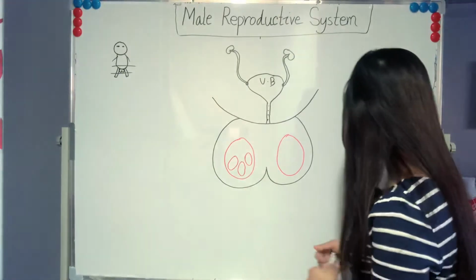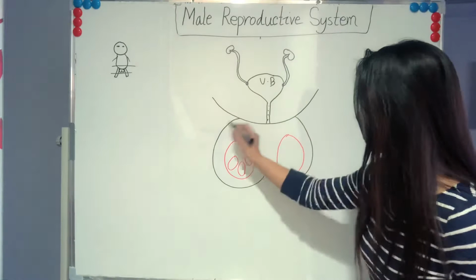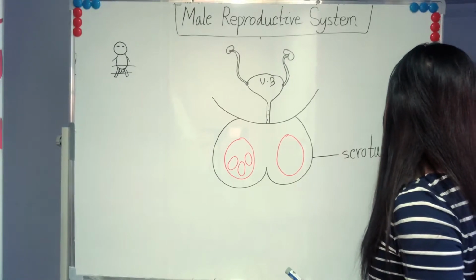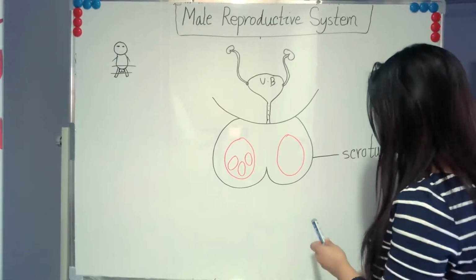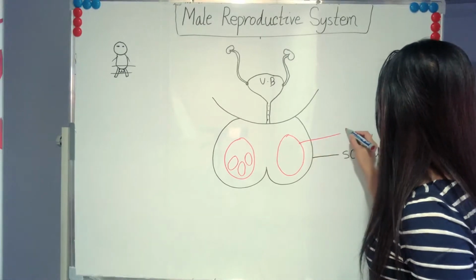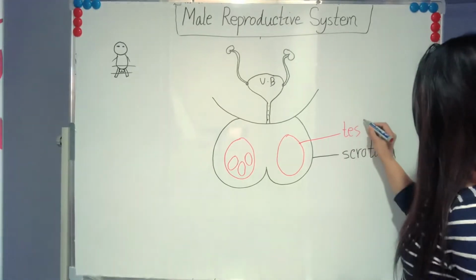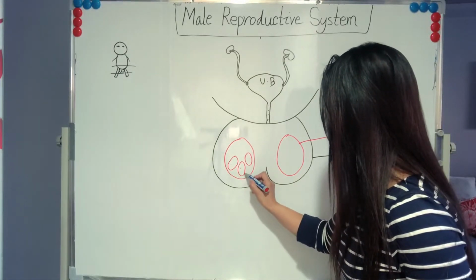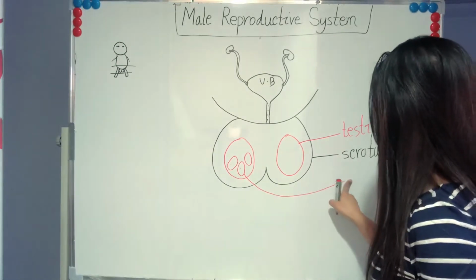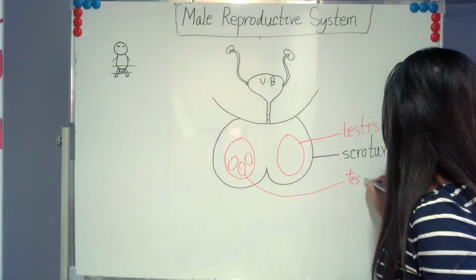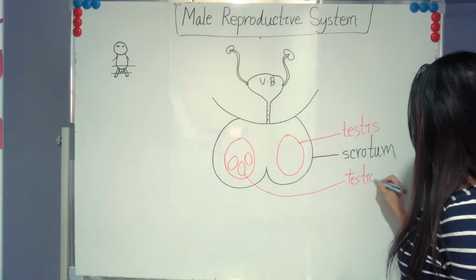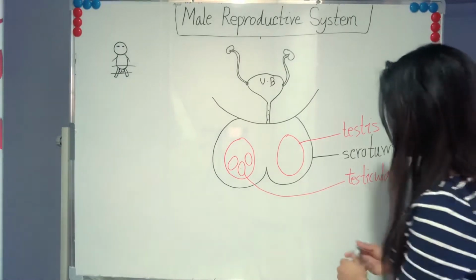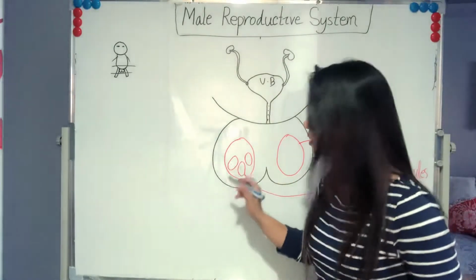Okay, I also label: this is scrotum, this is testes, and these are testicular lobules.